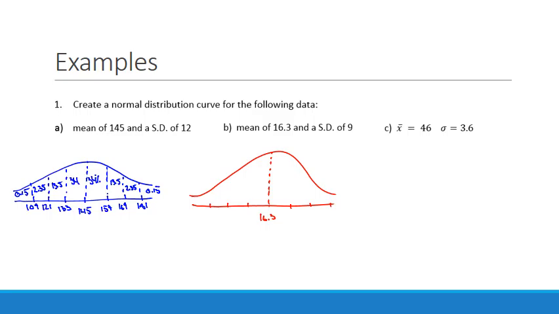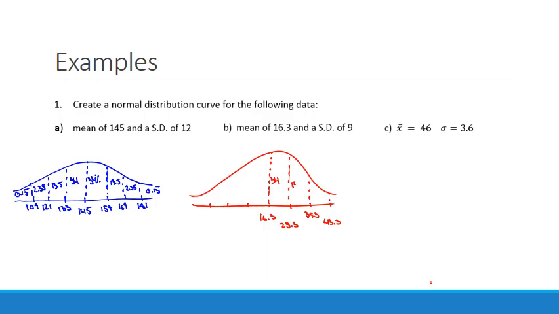We're just going to start adding 9 to it. So if I start at 16.3 and I add 9, I'd get 25.3. Add 9 again, I'd get 34.3. Add 9 one more time, 43.3. Okay, and then I'd get all those same percentages.